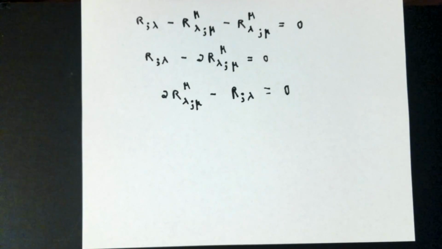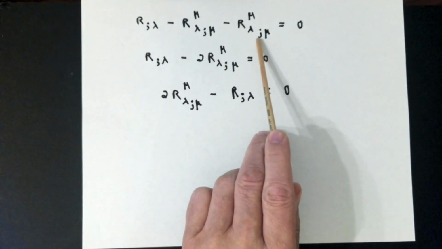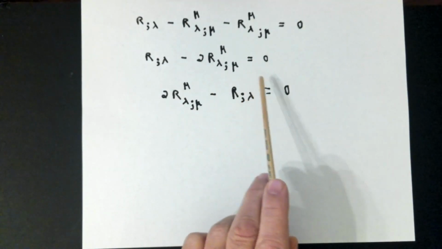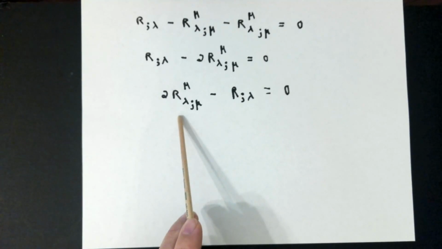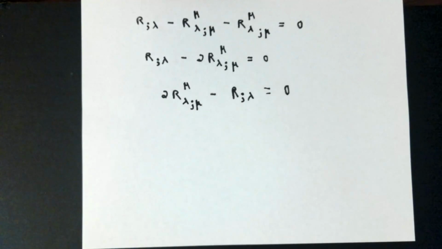Combining all of the things that we've figured out, this quantity must be zero, which of course is this quantity, which I'll write in this form, which is obviously equivalent to this form.